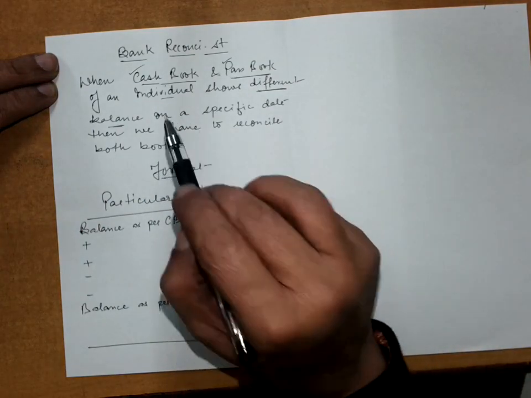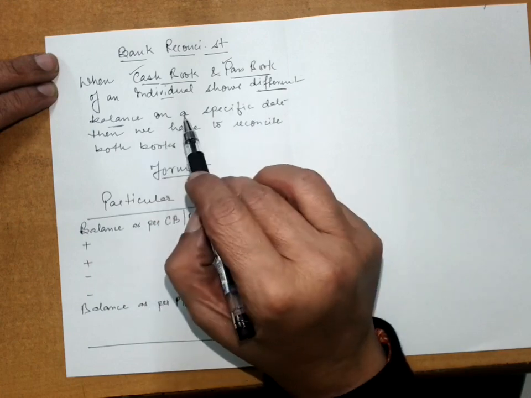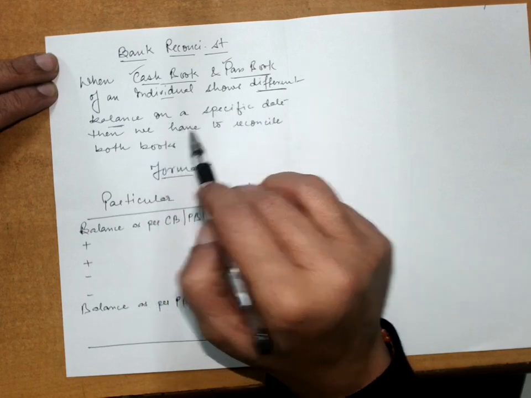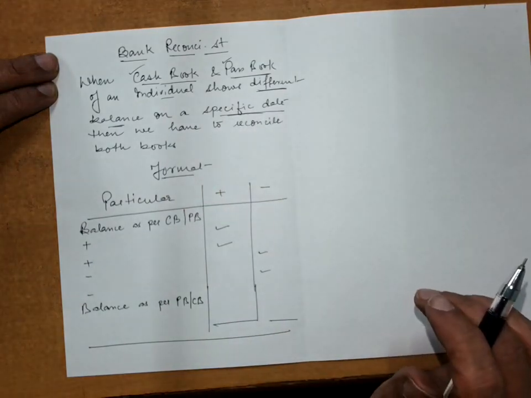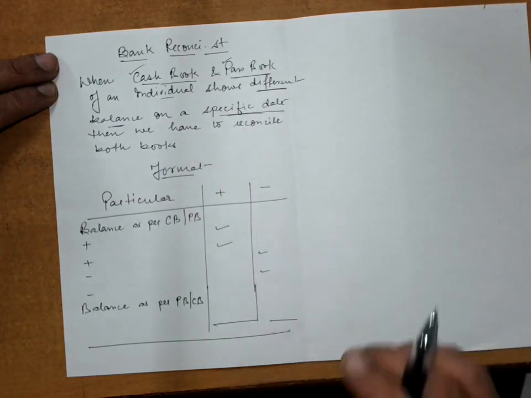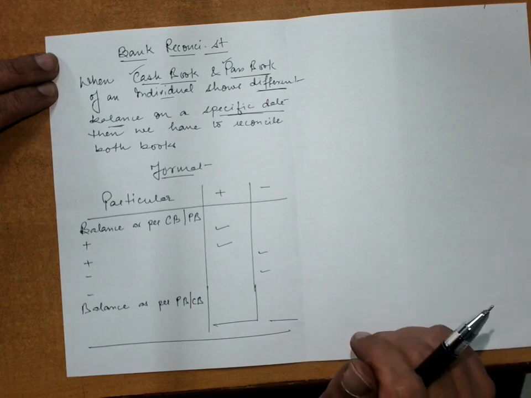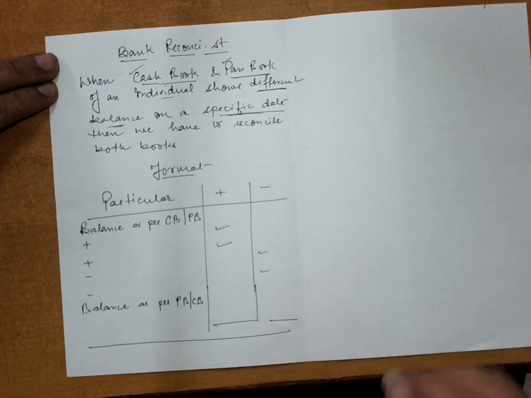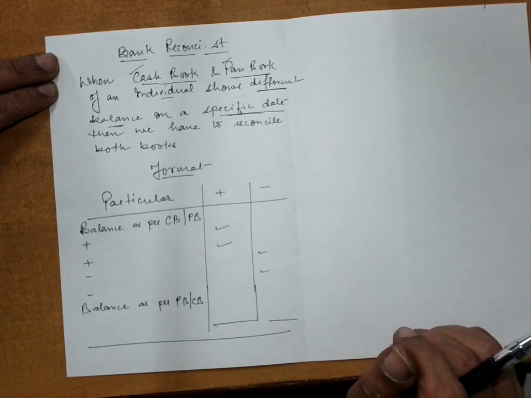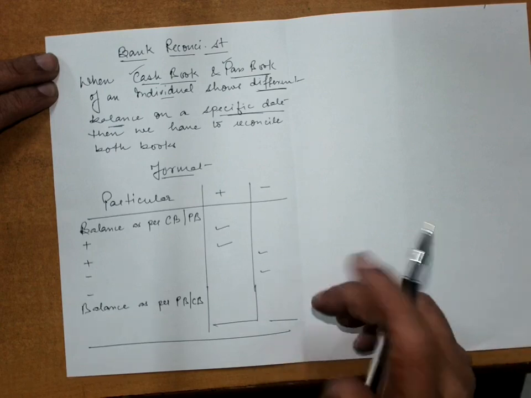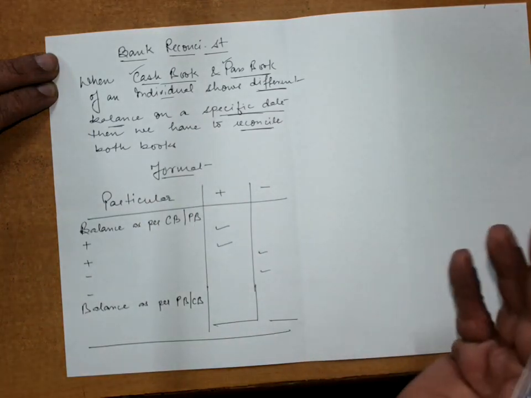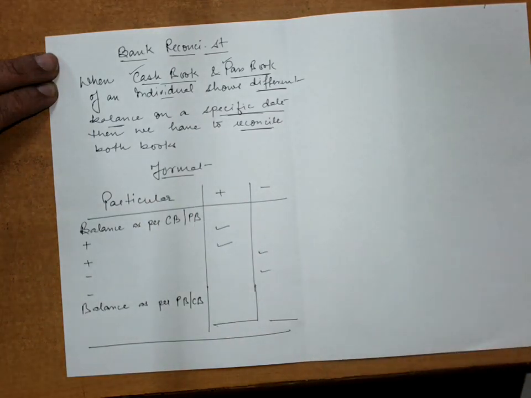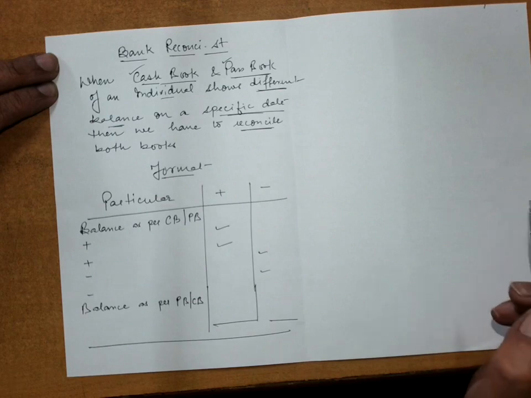So when cash book and passbook of an individual shows different balance on a specific date, say as on 31st of March my cash book was showing balance of 40,000 and my passbook was showing a balance of 45,000. In this situation we have to reconcile both books, because both the books which belong to a single person are showing different balances on a particular date.